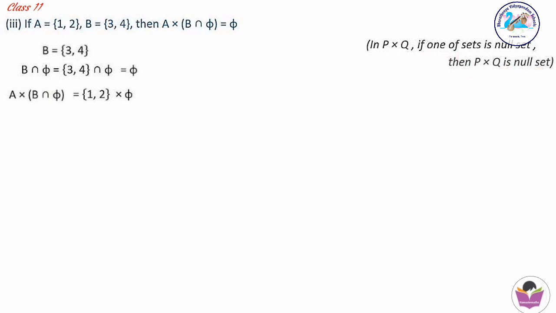Cross product means pairing each element of the first set with the elements of the second set. But the second set has no elements, so there is no way to make a pair. That means we will get a null set. So the given statement is true here.